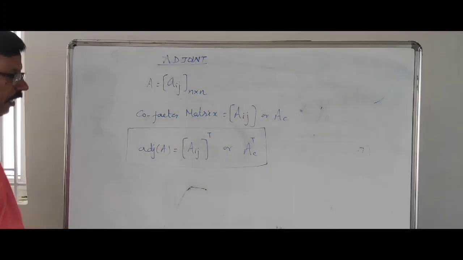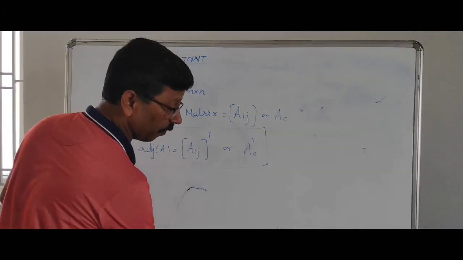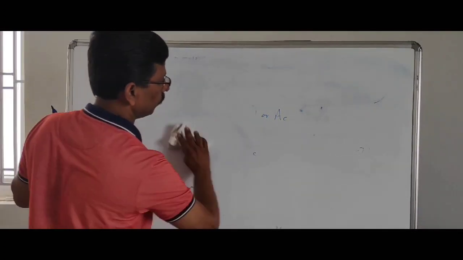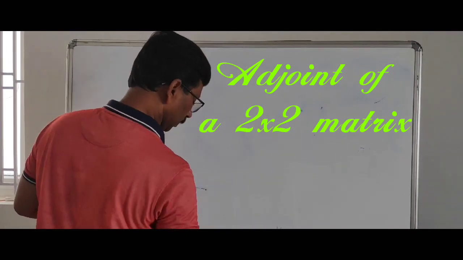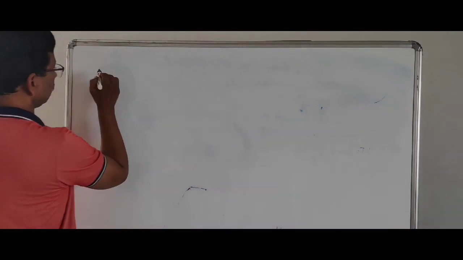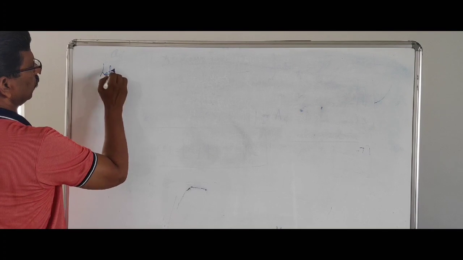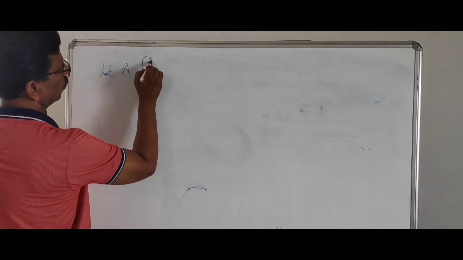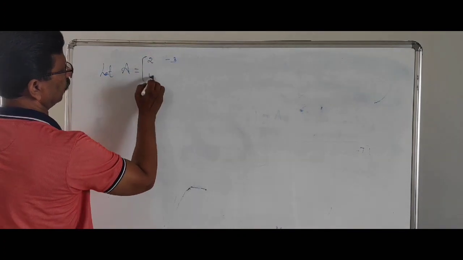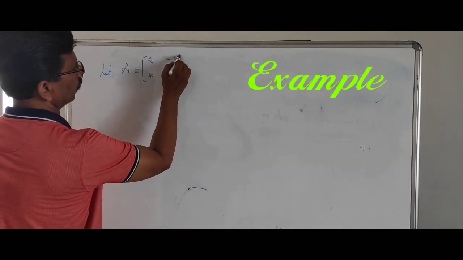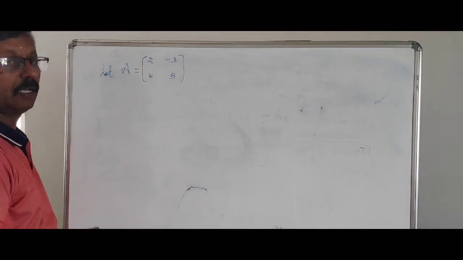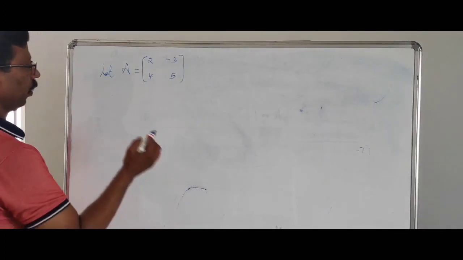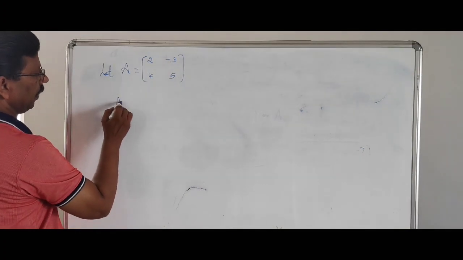Now let us see how to find the adjoint of a matrix for a 2 by 2 matrix. Let us consider a 2 by 2 matrix. First, for finding the adjoint of this matrix, we need to find the cofactors. You know that cofactors are denoted by A11.